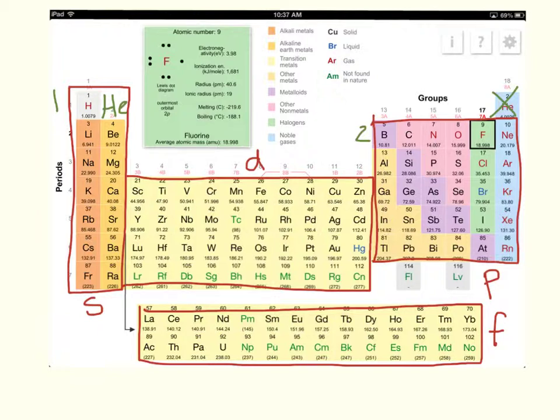Then 1 is S, 2 is P, 3 is going to be D. The first element in our D block is scandium, and we're going to put the 3 right between calcium and scandium. And then in our F block, we're going to put a 4 next to lanthanum, although for yours it might be cerium, depending on what periodic table you're working with. But don't worry too much about the F block, because we're not going to use that a ton.